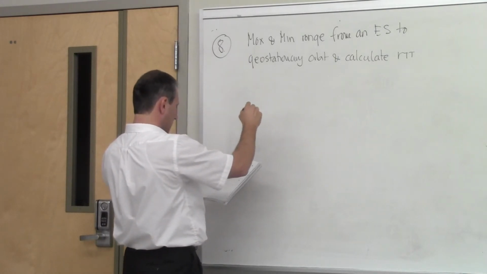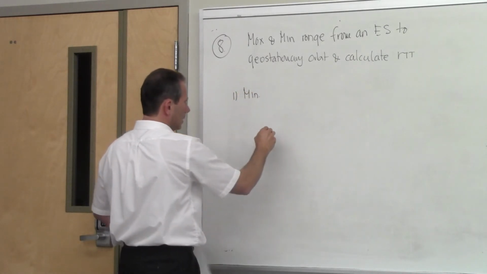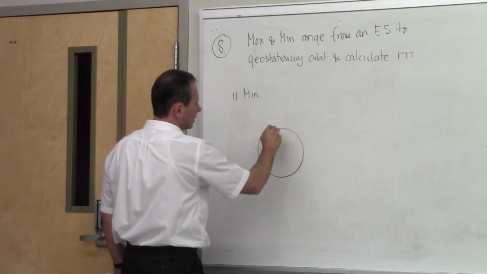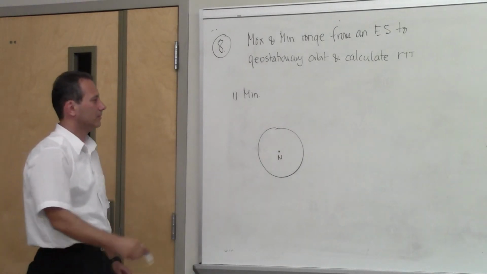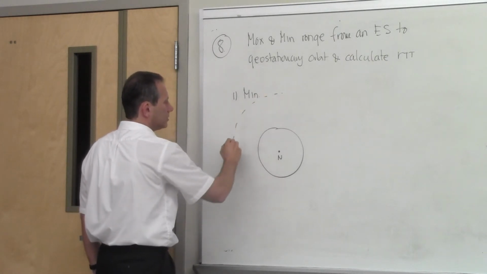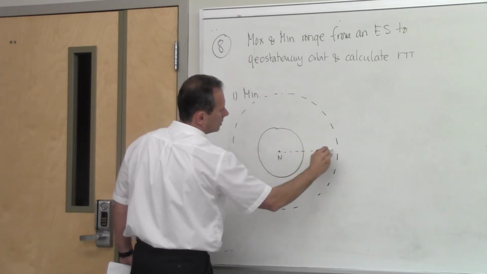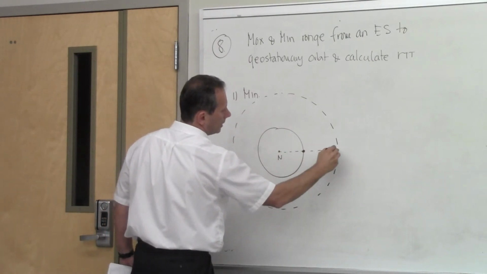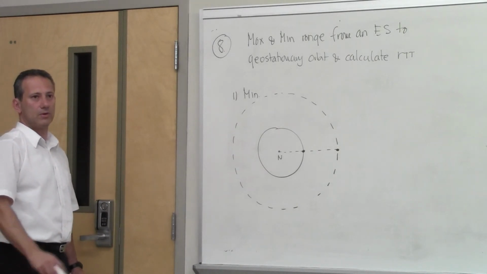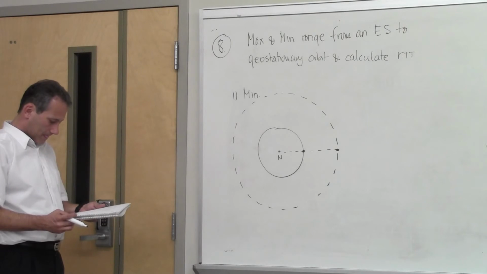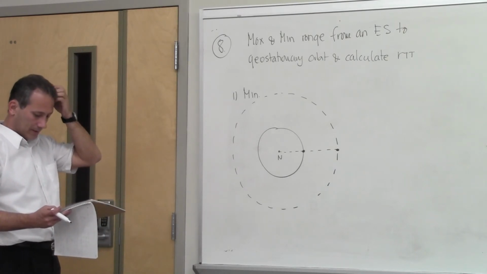Okay, so let's take a look. First, let me calculate the minimum. This is the globe, viewed from the North Pole, standing above. This is the geostationary orbit. When are you closest? When your Earth station is on the equator, and you're looking at a satellite that is right above, right?